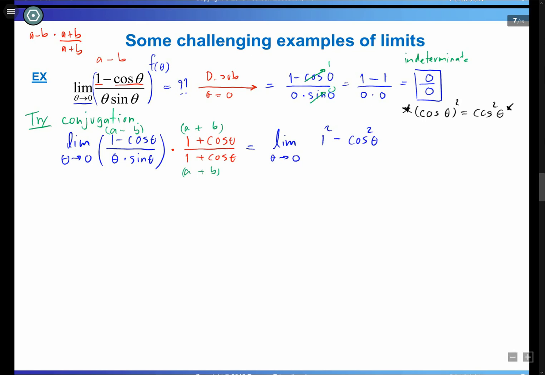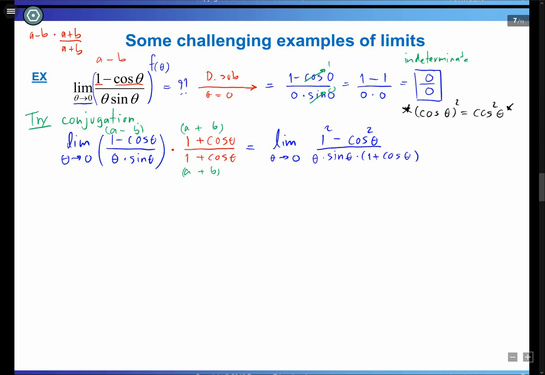Now, divide this by the whole term: theta times sine theta times (1 plus cosine theta).